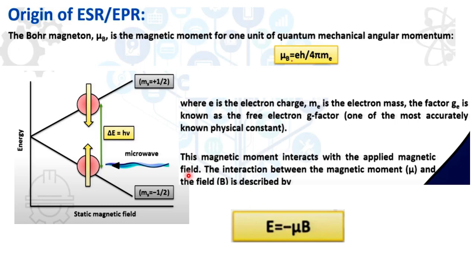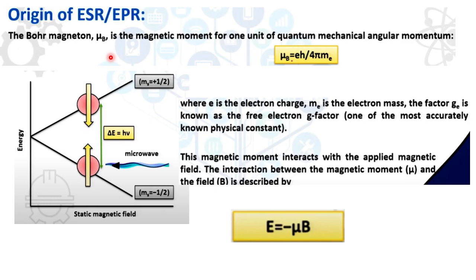Now, when there is the presence of an external magnetic field, there will be the orientation. So, few electrons will orient in the direction of the magnetic field, few will orient opposite to the magnetic field. So, in that way, there are two different states.